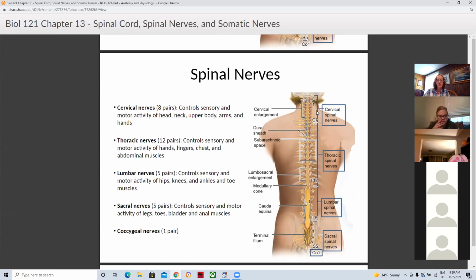How many cervical vertebrae are there? Seven. So there's 8 cervical nerves, and if they're all coming out intervertebral foramen, does that work?